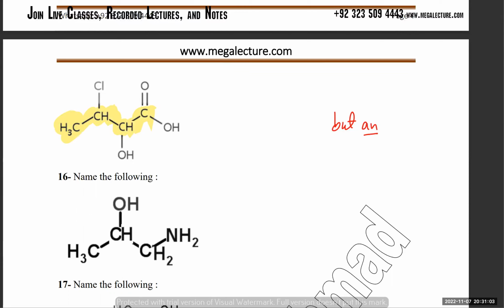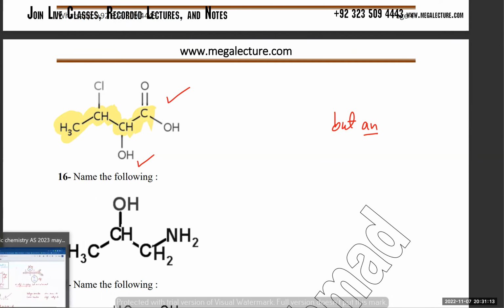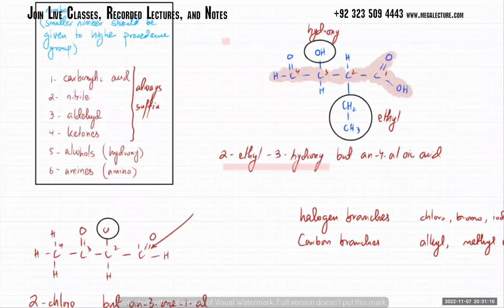Okay, what would be the suffix? Remember, it's a carboxylic acid, plus it's an alcohol as well. Yes sir. So on what basis is the naming? What is going to be the suffix? Who's more important, carboxylic acid or alcohols? Carboxylic acid. Remember, if you don't name the molecule on the alcohol, you would call it a hydroxy branch.